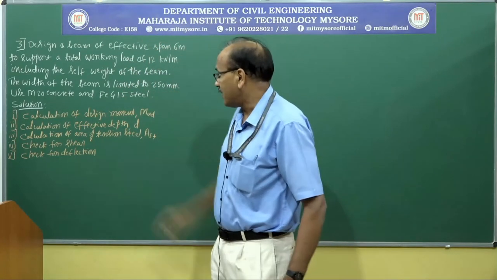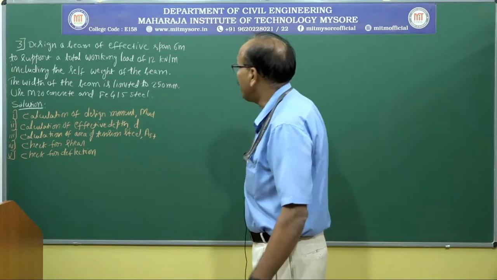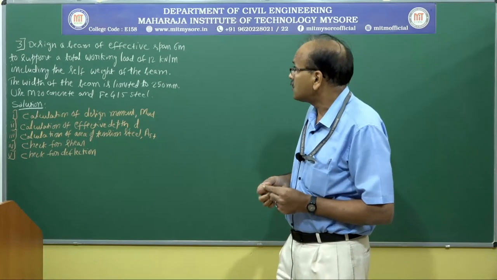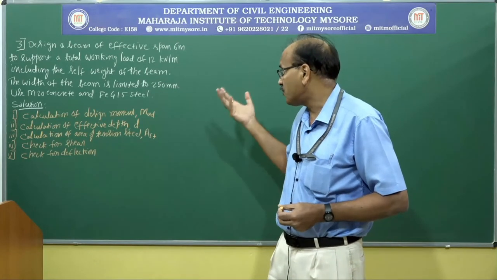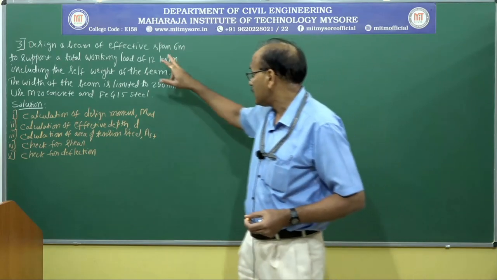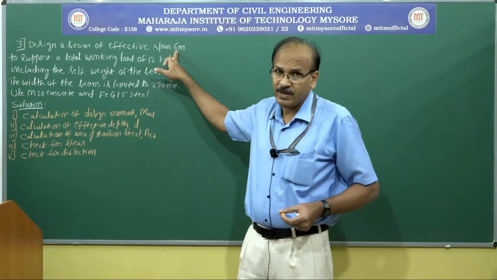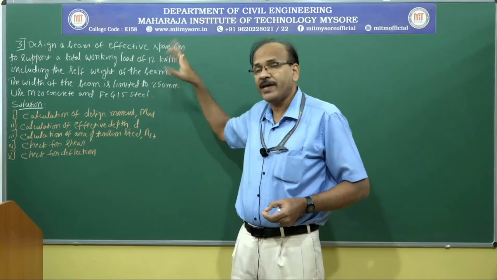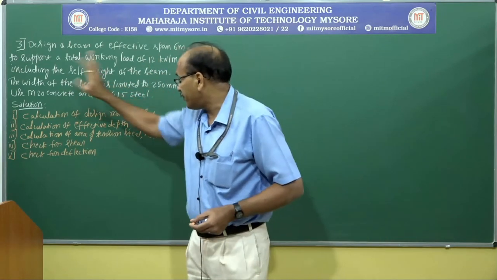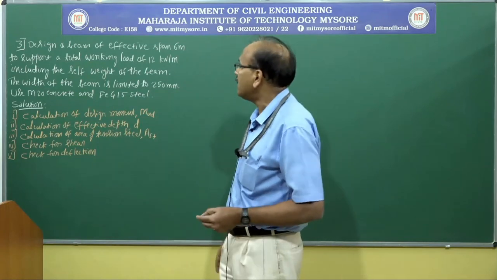So the problem goes like this. Design a beam of effective span 6 meter to support a total working load of 12 kilonewton per meter. Okay. So it is given as effective span, so take the value as it is. 12 kilonewton per meter including the self weight of the beam.